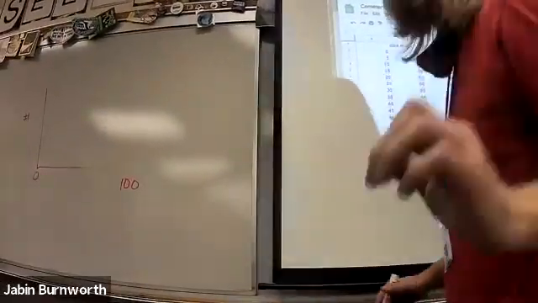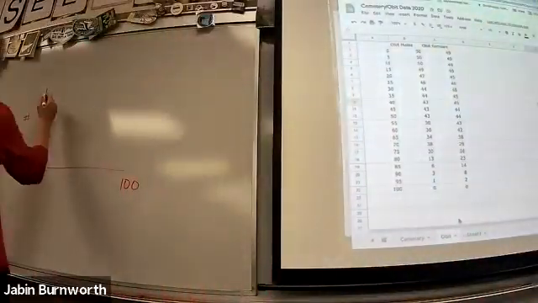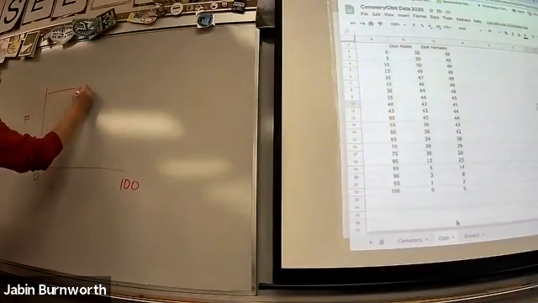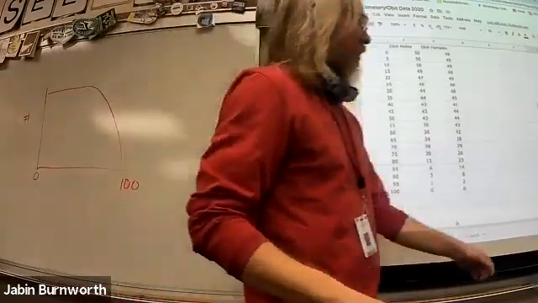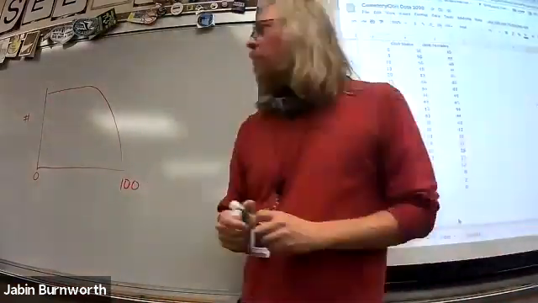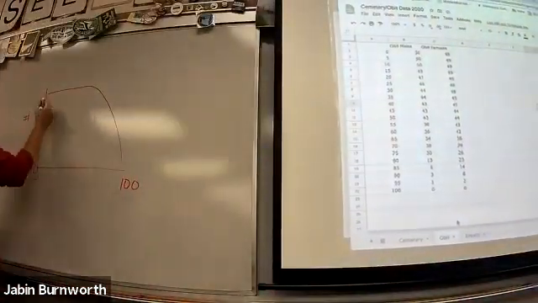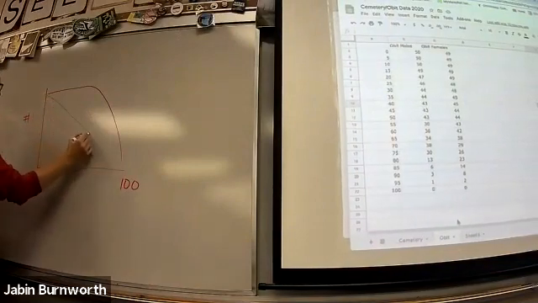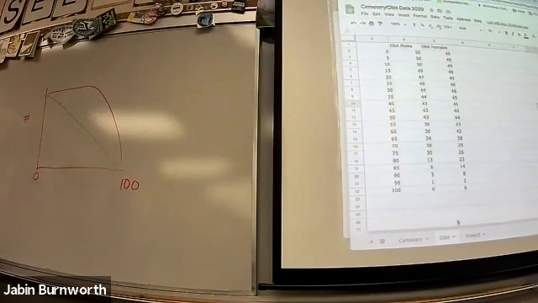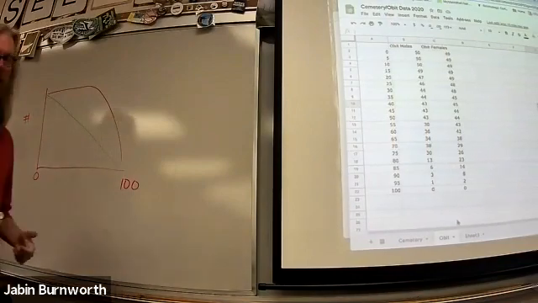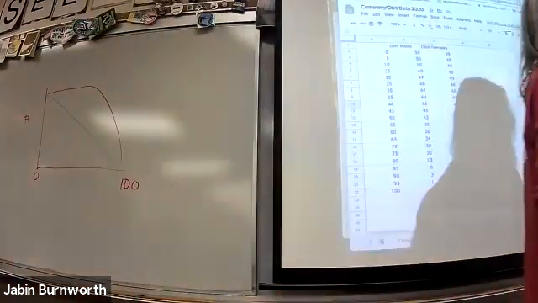You could have something like this, where people live a long time and then they get older and die. That's one option. You could have this option where no matter what age you are, you have an almost equal chance of dying every year.